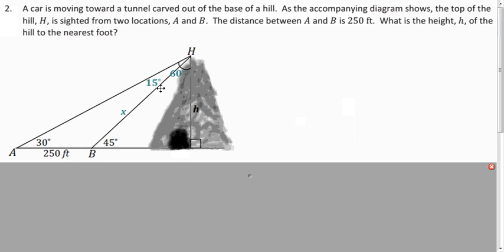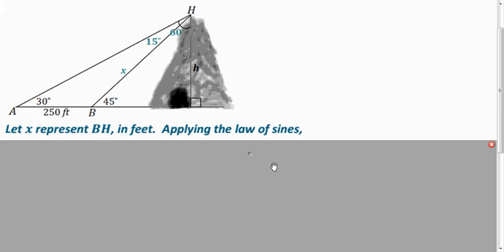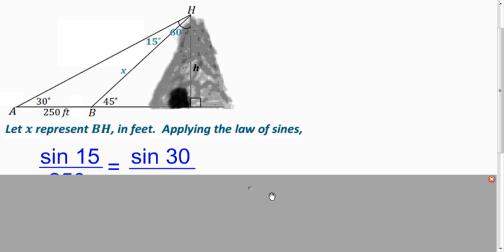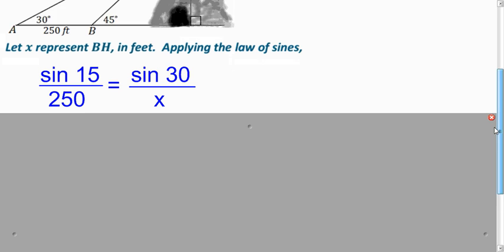So now we're looking at this obtuse triangle, and we know that we have that 15 degrees, 30 degrees, and these corresponding side lengths. So we can use the law of sines here. So we have the sine of 15, talking about degrees, over 250 is the same as the sine of 30 over x. So we apply the cross product.